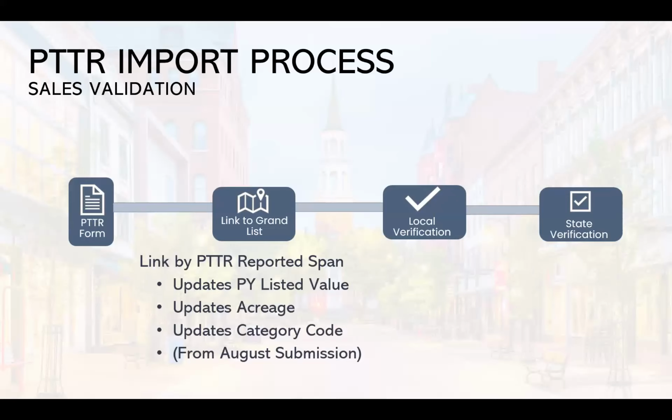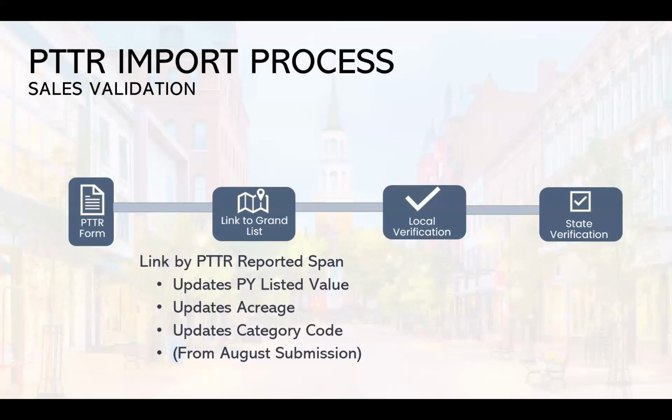I should also note your DAs, your district advisors, have been doing a lot of testing and identified that we didn't actually get all of the information that we needed off the PTTR. So they identified that as an issue because they want you to have everything in one spot. So we're working with the folks at tax, and we're getting the rest of that information.